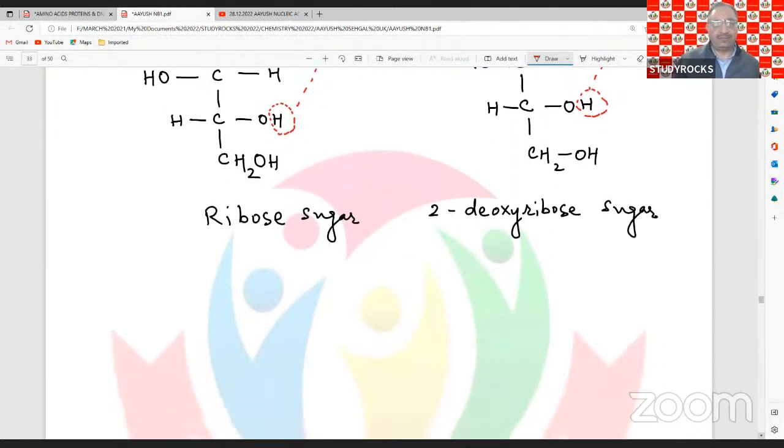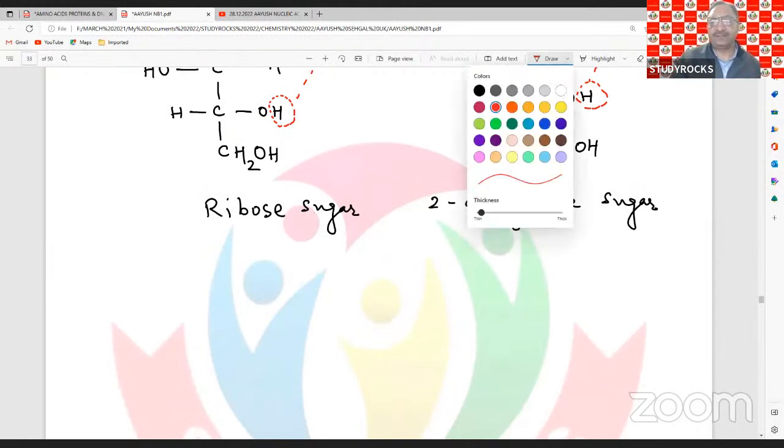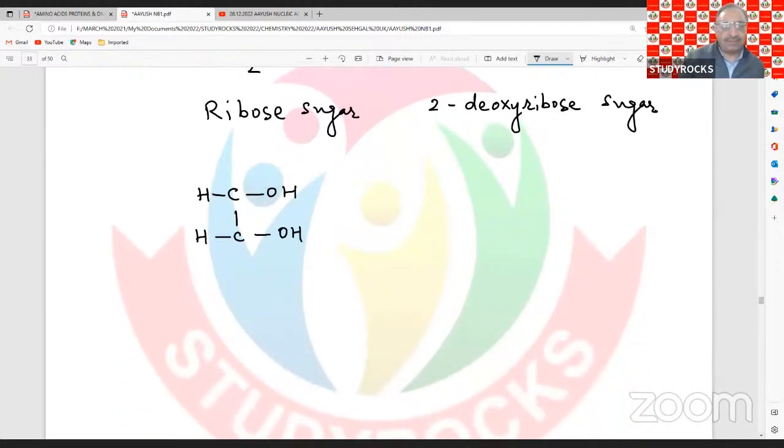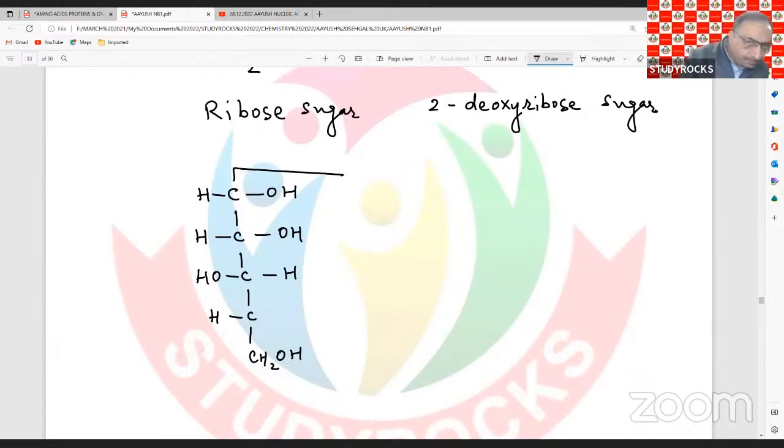Now you make its ring structure. How? So on the first carbon, you can write down CHOH. Then CHOH, COHH, CH, CH2OH. Like this. Is it okay?